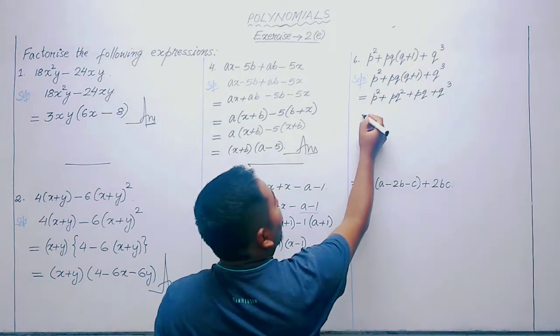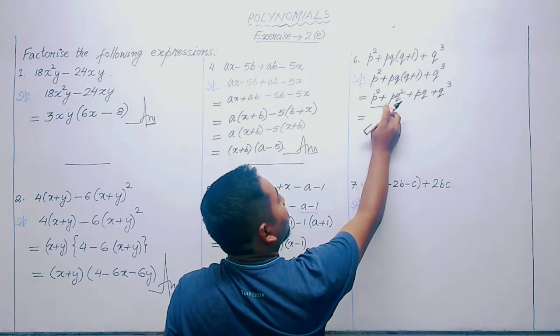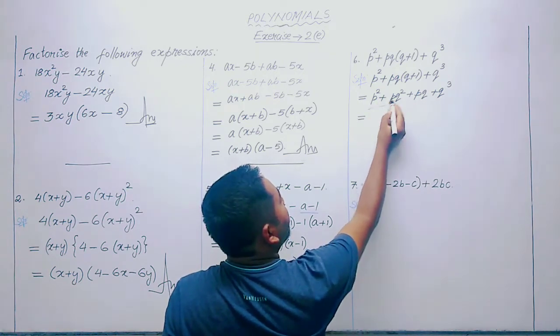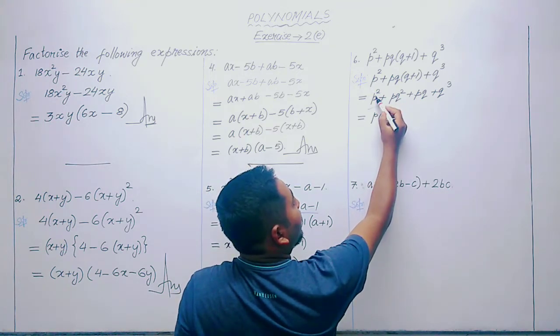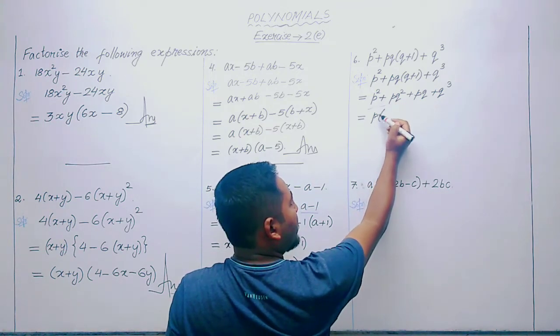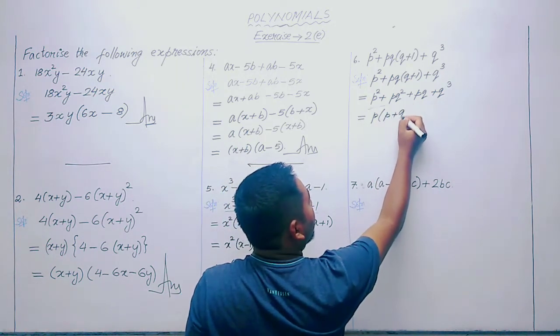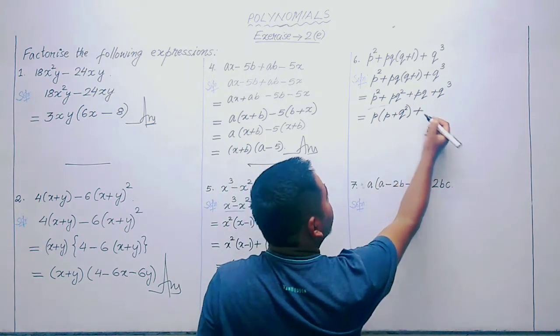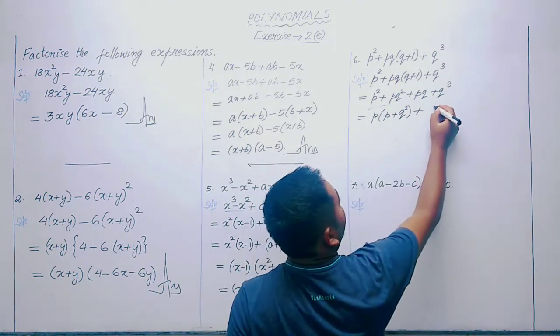Now, what do you see here from these two terms? What is common? P square, p, take out p. From p square, one p is outside, only p is remaining. Plus p is outside, q square is remaining. Now from these two terms, what is common? Q is common.